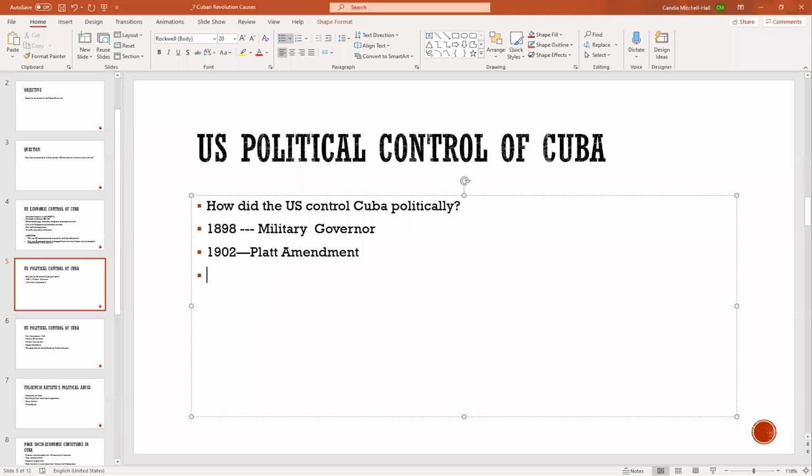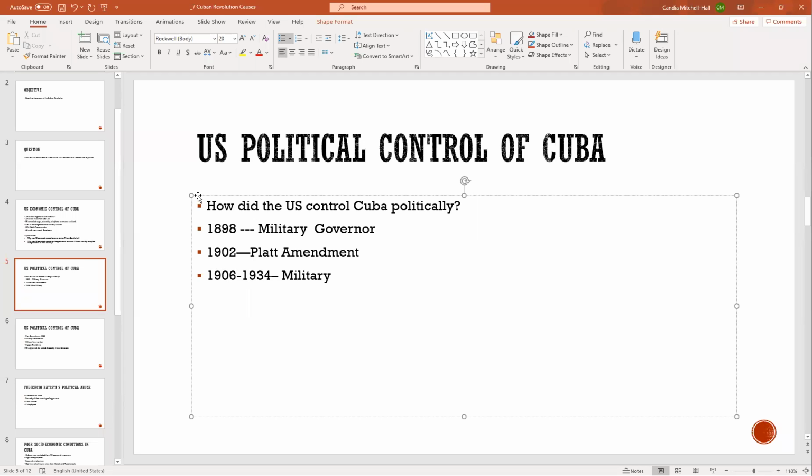And then Austin would have mentioned something very important, that between 1902, or we say 1906, to 1934, every time there was a problem in Cuba, they would have sent the military into Cuba. These are examples of how they would have controlled Cuba politically.